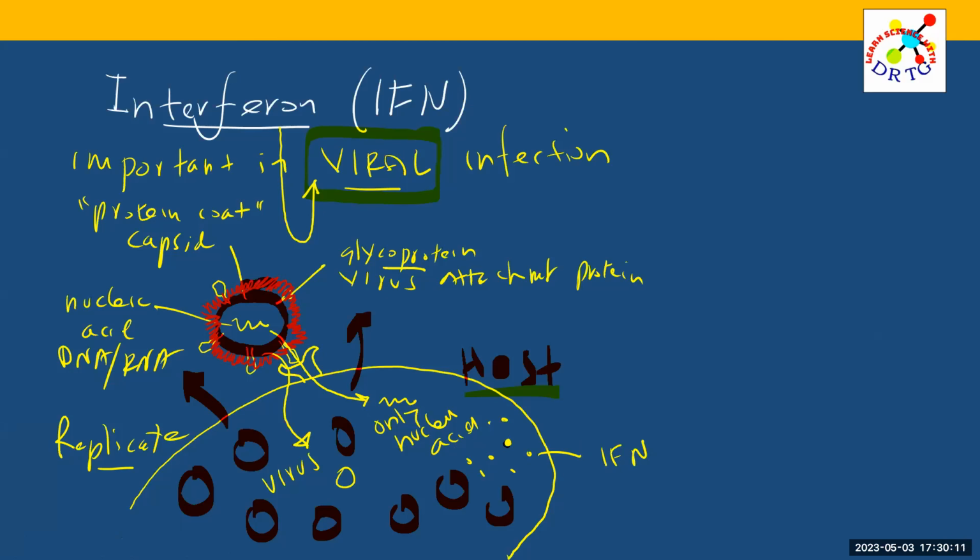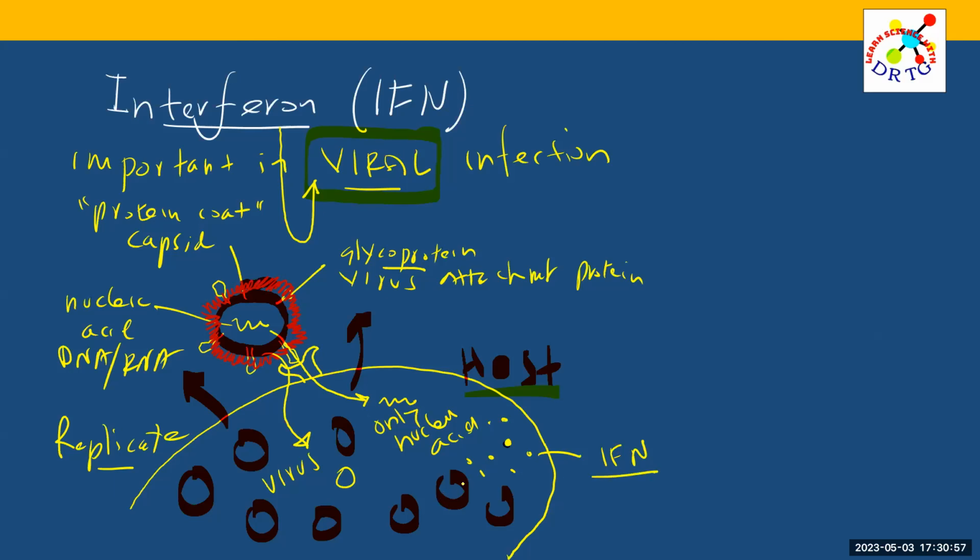There is a certain number of viruses attached to the host cell. Let's say, for example, 100 viruses attached to one host cell. Out of this 100, they can find the receptors and most of them enter the host cell. So let's say 100 virus particles enter the host cell. At that time, the cell can also do something. Otherwise, the cell is not waiting until the virus destroys the host cell. So the cell produces this chemical interferon.